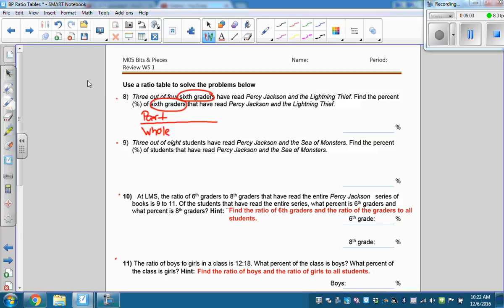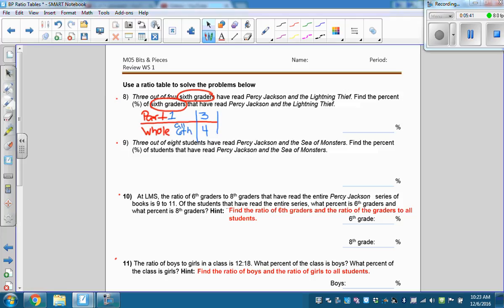And the part is sixth graders that have read Percy Jackson to all the sixth graders. So for example, the ratio 3 is the group that have read Percy Jackson, and that's compared to 4, which would be the part that represents all the sixth graders. So 3 out of the 4 sixth graders have read Percy Jackson.